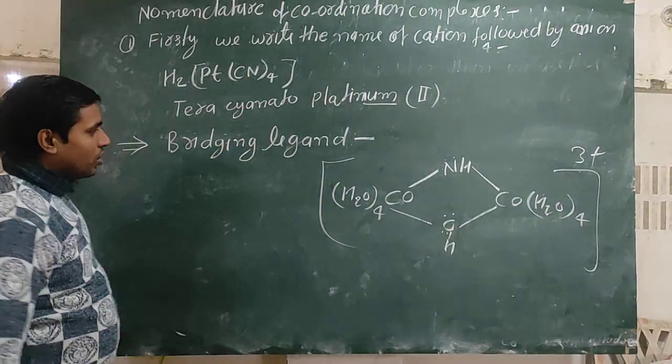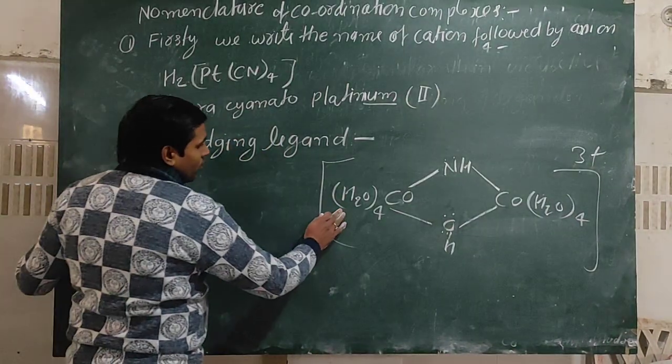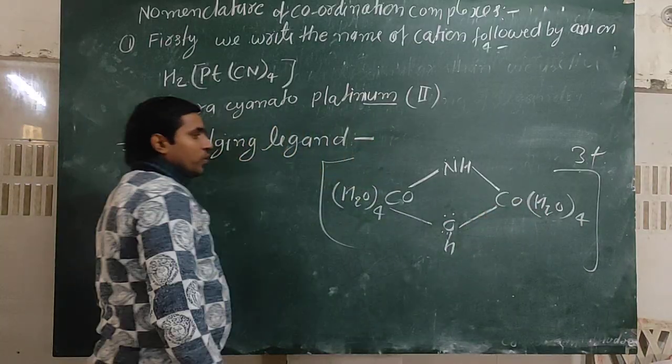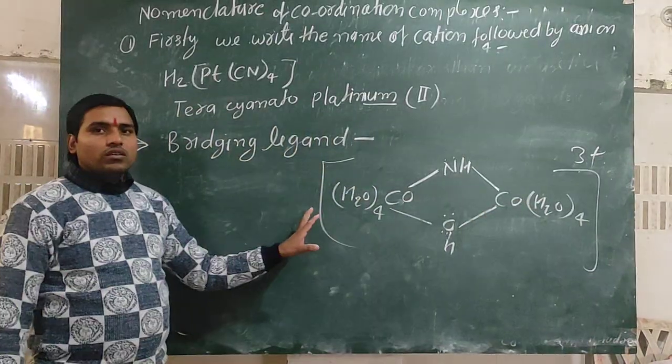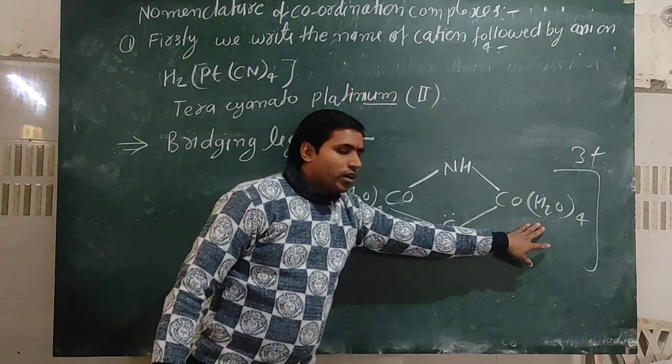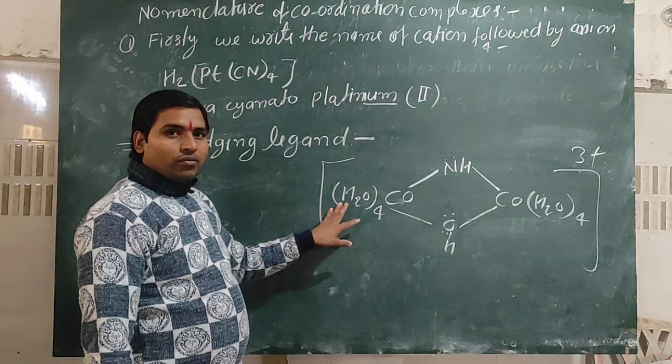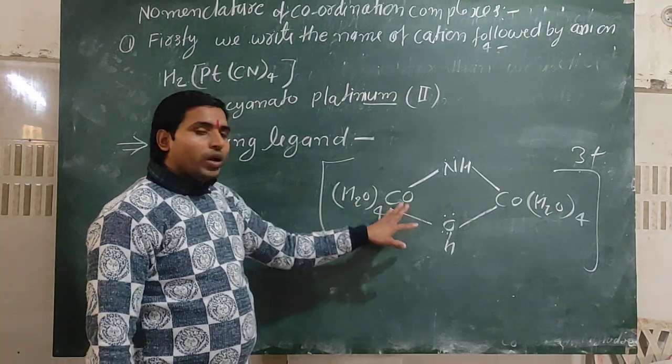What is the name of this complex? Here 4 water molecules are present on both sides, 4 here and 4 here. The total number of water molecules is equal to 8.